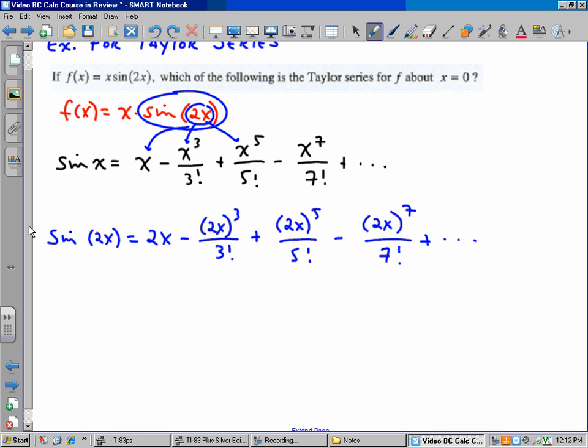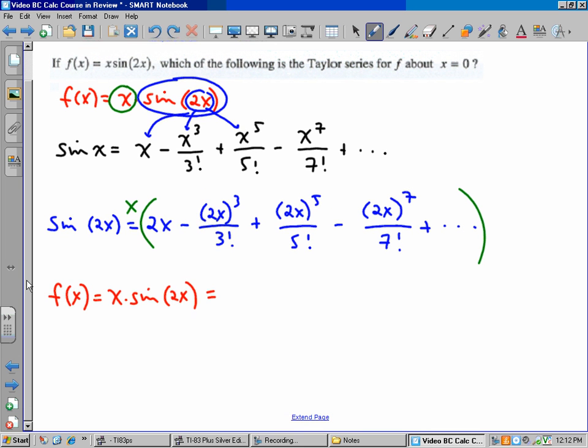And now to finally get this red series, all I would have to do is multiply this series by x. All right, so f of x, which equals x times the sine of 2x, has a Maclaurin polynomial that's equal to x times (2x minus (2x) to the third over 3 factorial plus (2x) to the fifth over 5 factorial), and so on.